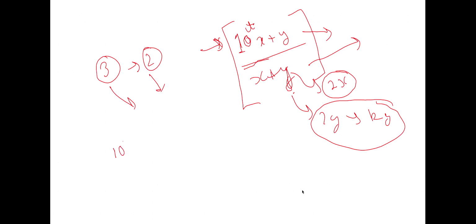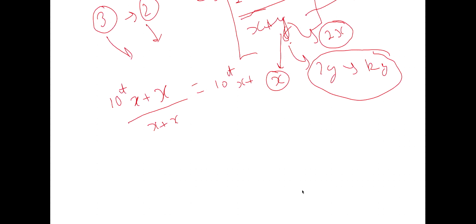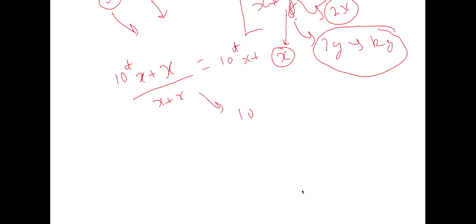So first, I will consider y equal to x. Then 10 to the power t x plus x, divided by x plus x, that is 2x. So x gets cancelled out, and it's 10 to the power t plus 1 by 2.